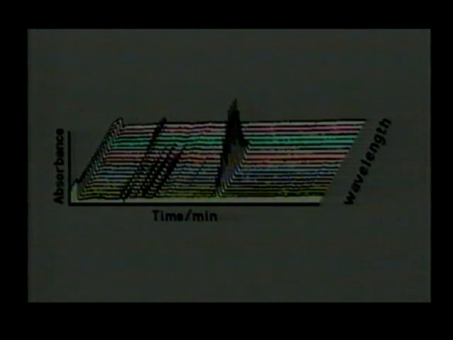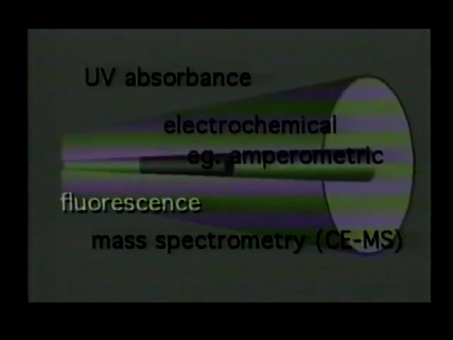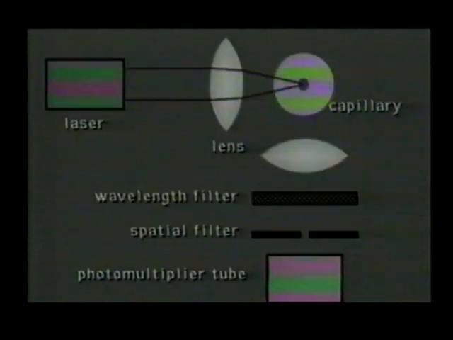Normally, detection is at a single wavelength, but in some cases, spectral scanning is used. This is particularly valuable for characterization of the components in a complex sample. Fluorescence detection is ideal for compounds that have a strong natural fluorescence.